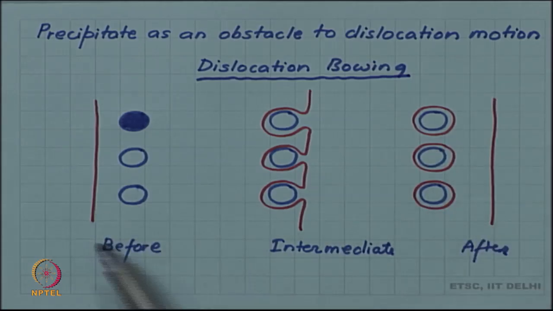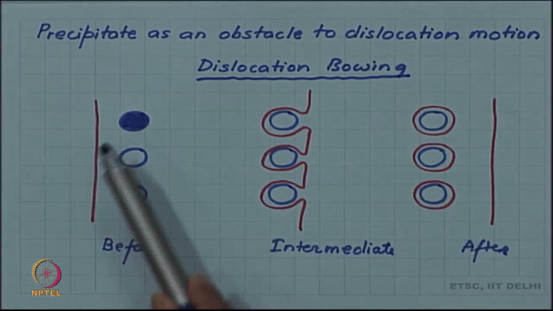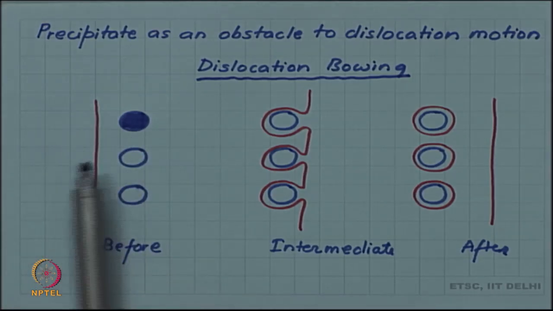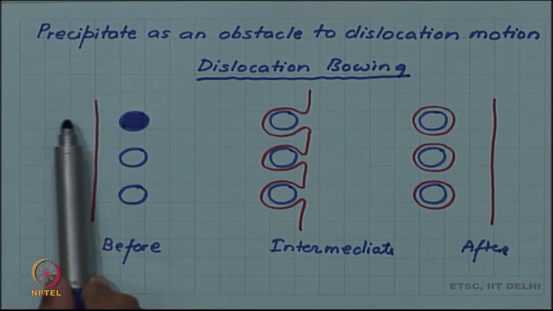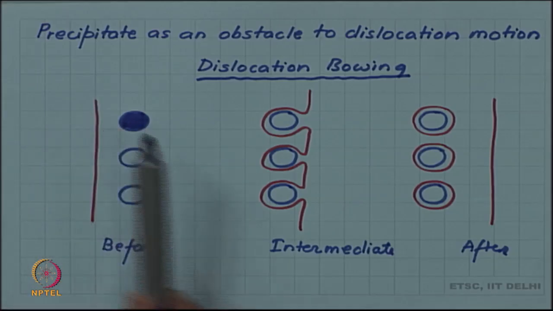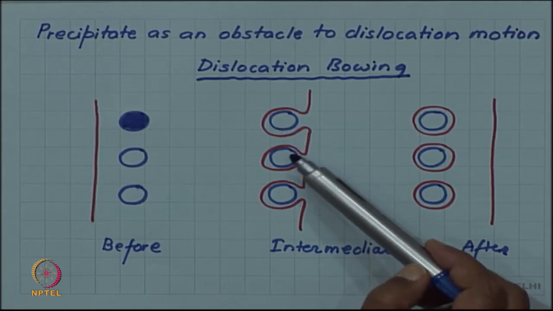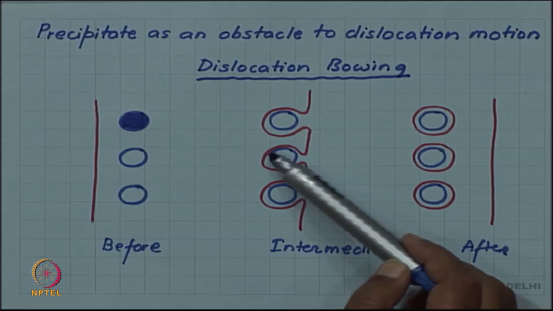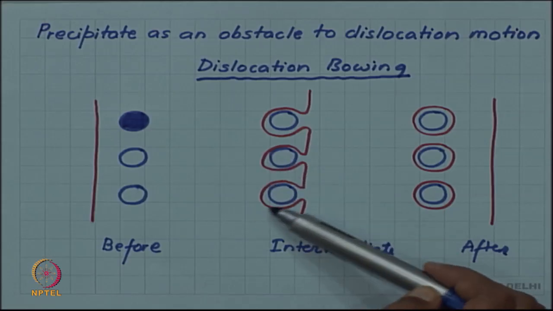So, we have shown a sequence of pictures here. These are the precipitates and a dislocation line is coming, we are looking down the slip plane. So, the dislocation line is moving in its slip plane. Because it is not able to cut through the precipitates, it will start bowing around the precipitate like this.